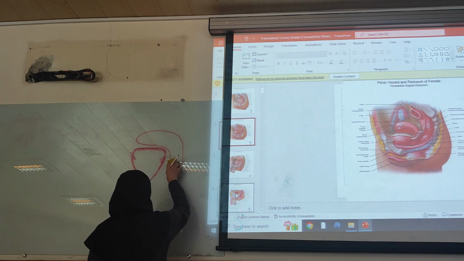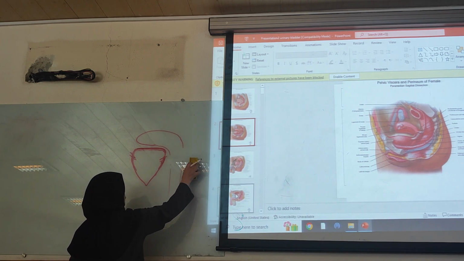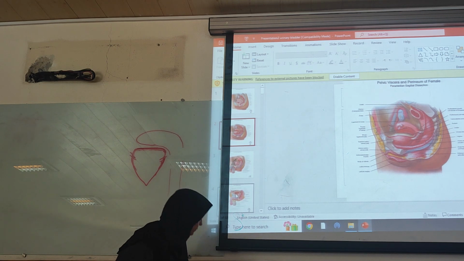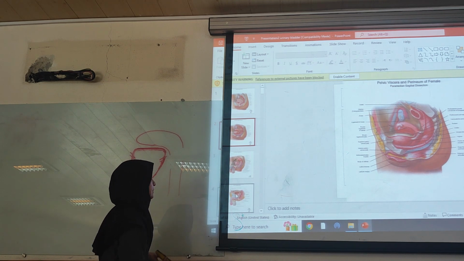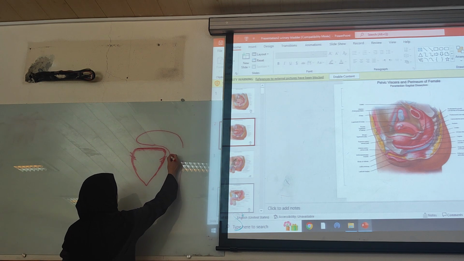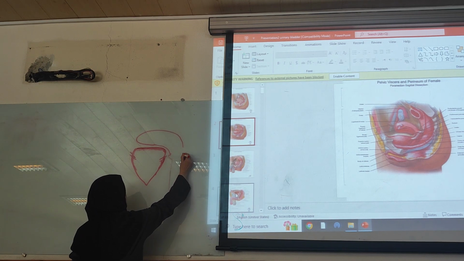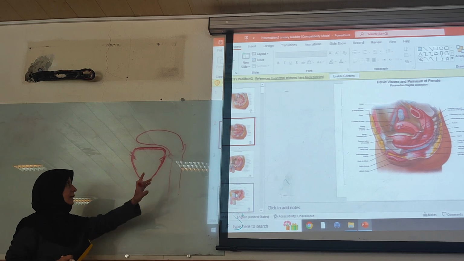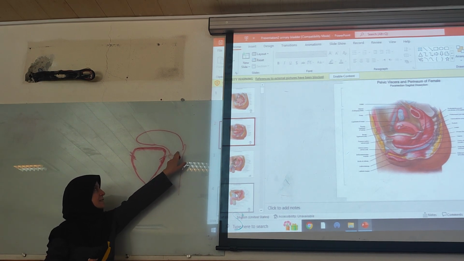In the vagina, you should know that the cervix or neck of the uterus is here.